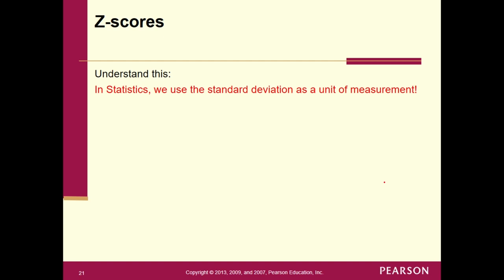So when we divided through by the standard deviation, we were saying, how many standard deviations does it take to get from here to there? It is now a unit of measurement. That is an important concept in statistics, and a lot of students gloss over it. Let's not gloss over it. That's why I put it in red. The standard deviation is used as a unit of measurement.